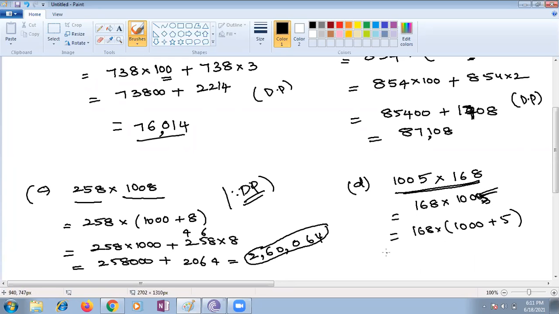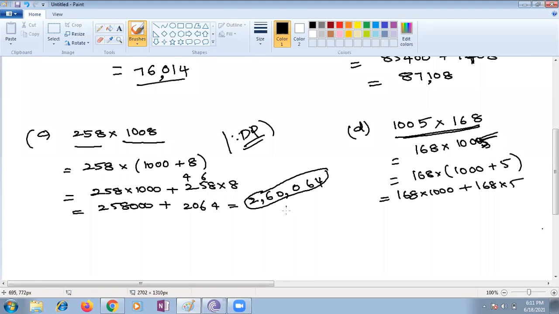Right. Now please come on, share to both the students. 168 into 1000 plus 168 into 5. Good. Ma'am, 168 into 1000 is equal to 168 followed by 3 zeros.